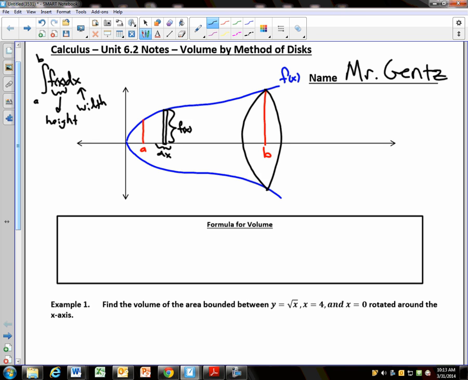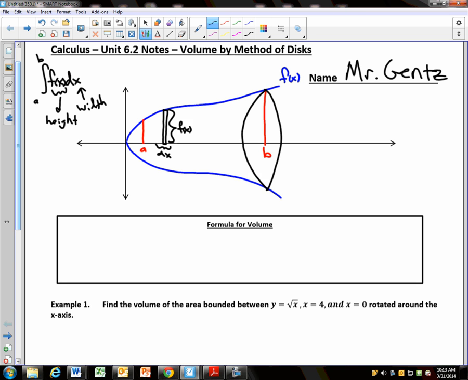So now what I'm going to do is take that function and rotate it around the x-axis to make a three-dimensional shape. Now, watch this. Before, we would slice and get a rectangle.